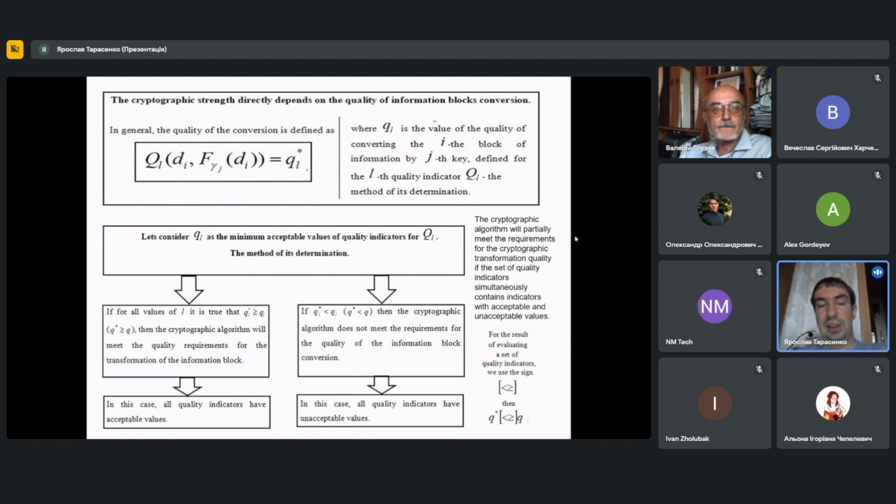So let's consider Q as the minimum acceptable values of quality indicators for Q, and the method of its determination you can see on the slide. So the cryptographic algorithm will partially meet the requirements of the cryptographic transformation quality if the set of quality indicators contain indicators with acceptable and unacceptable values.